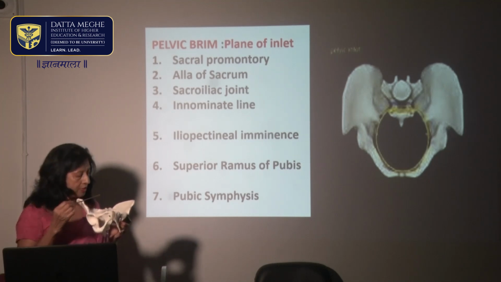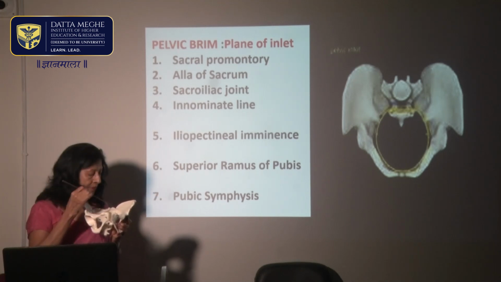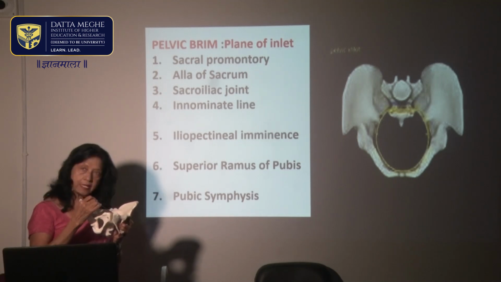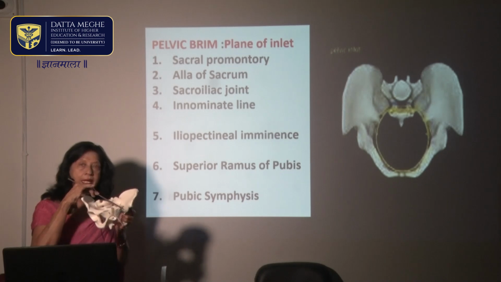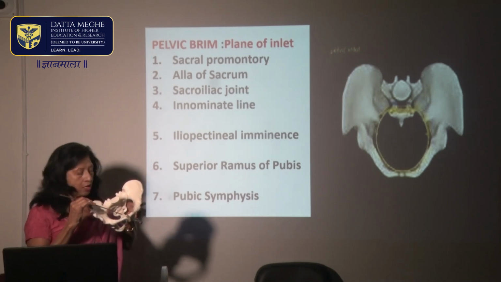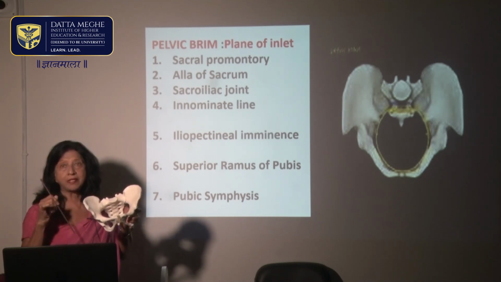The pelvic brim is bounded by the sacral promontory, the ala of the sacral bones, the sacroiliac joint, the innominate line, the iliopectineal eminence, the superior ramus of the pubic bone and the pubic symphysis on either side. I will repeat again because it is asked in the examination.